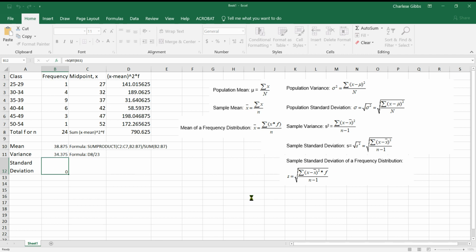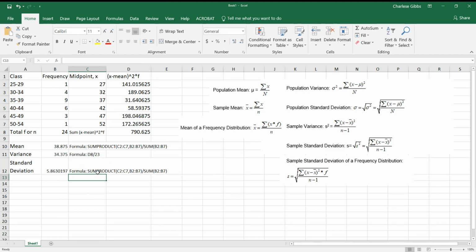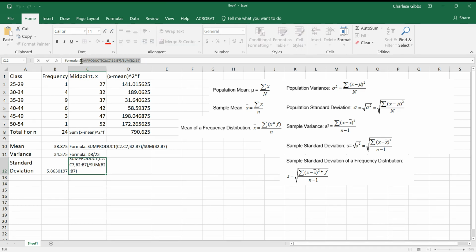I'm going to hit OK. And there is my standard deviation. So for the formula, it's going to be square root B11.